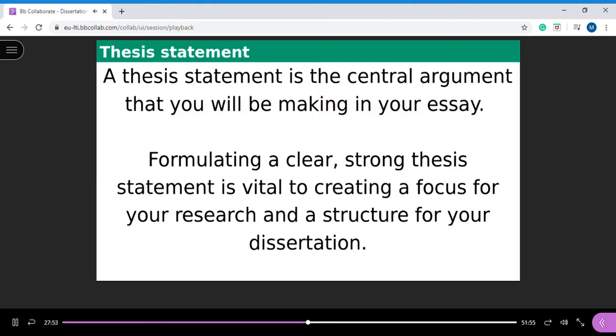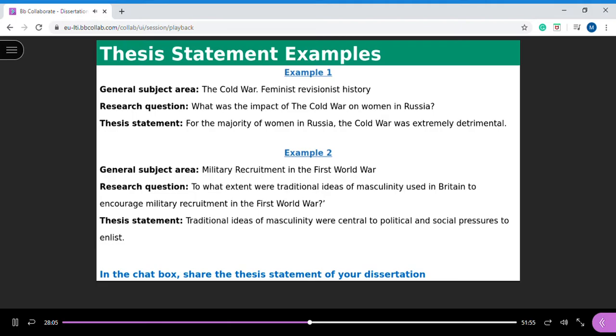So it's really essential to go beyond just having a general subject you're looking at or area you want to study, and instead to develop a clear stance or a position on it. For example, if your general subject area was the Cold War and feminist revisionist history, you may then refine this to the research question: what was the impact of the Cold War on women in Russia?